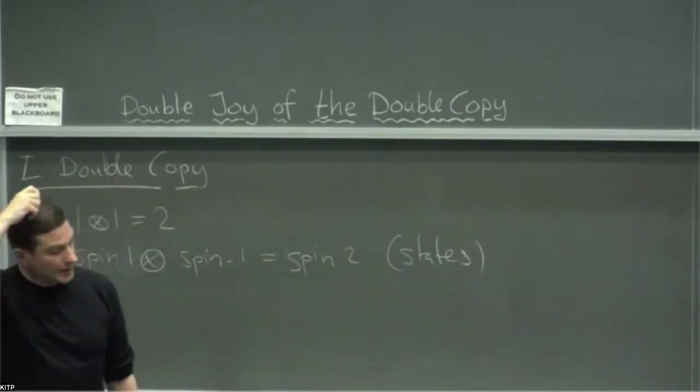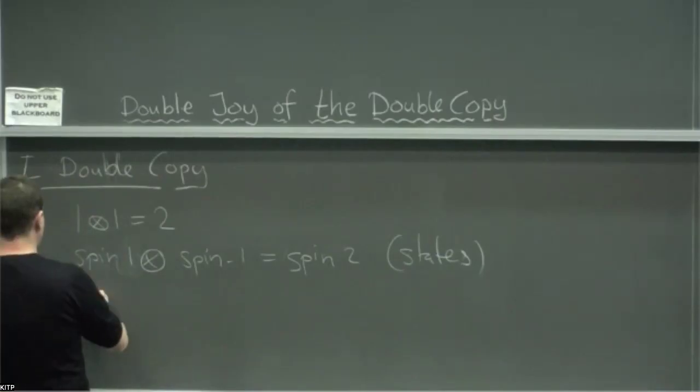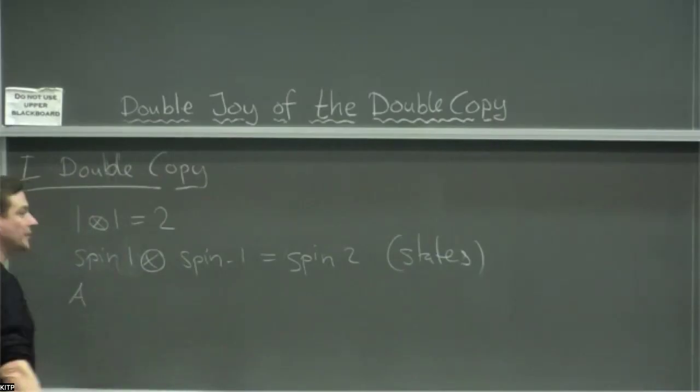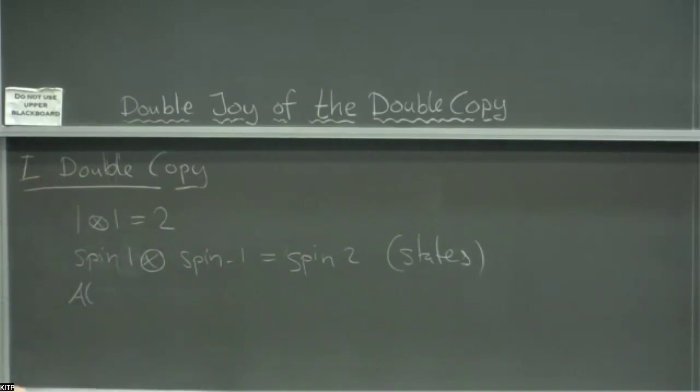And you can try to take this idea one step further and look at the interactions. And remarkably, it seems to work. Let me just talk about a 3-point amplitude, which basically describes the 3-point interaction.